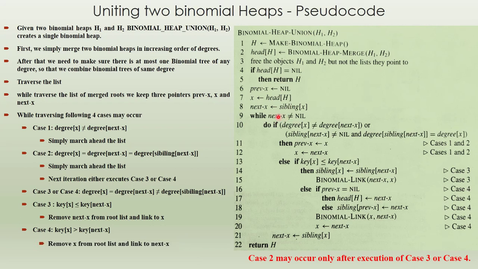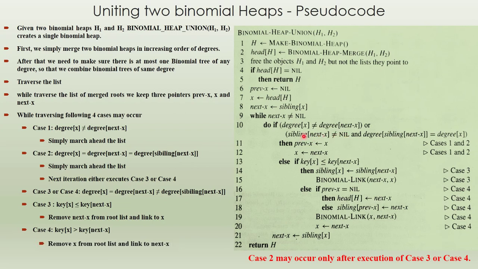So this is the while condition. You just look at the if condition in line number 10. Degree of x not equal to degree of next x. That is actually the condition for case 1. Degree of x not equal to degree of next x, or sibling of next x not equal to nil.